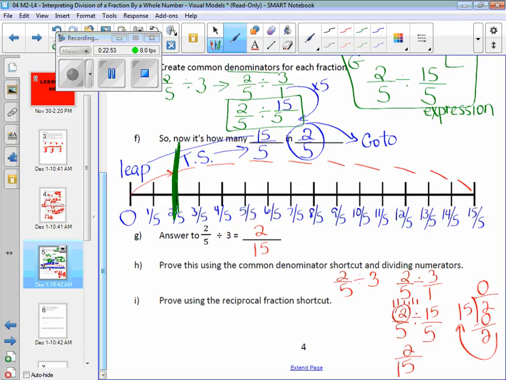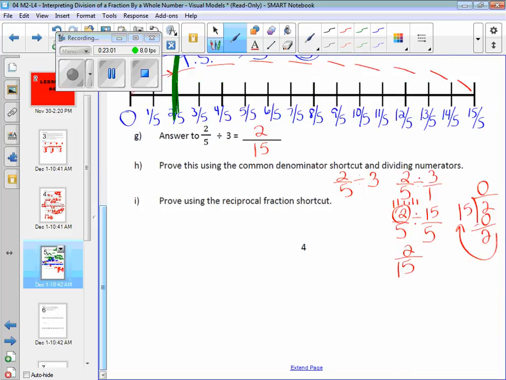If we use reciprocal, Kentucky chicken fried, you're going to take your original and you're going to write, I'm going to keep, change, flip my fraction. Keep the first fraction the same.